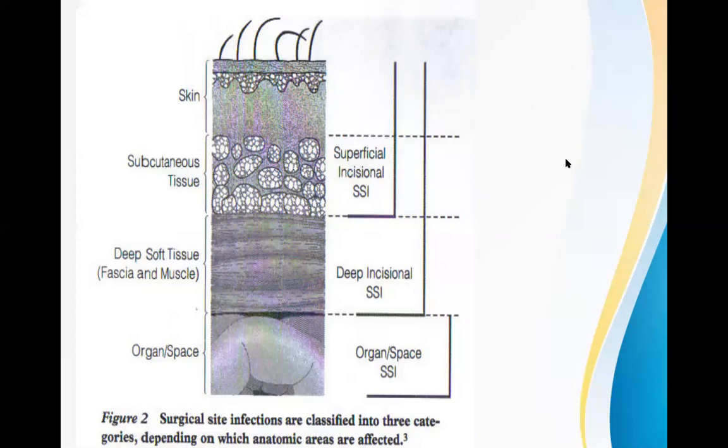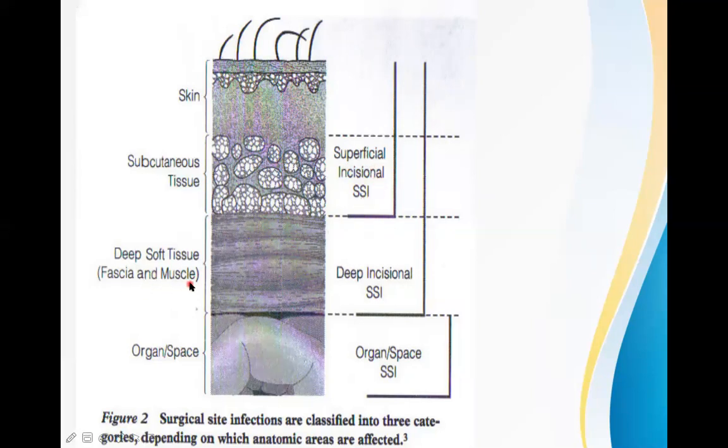Now, all of you, please focus on this very simple diagram. It's a simple one, but highly informative. So here is the skin. This is the subcutaneous tissue. If skin and subcutaneous tissues are infected after incision, we call it superficial incisional surgical site infection.